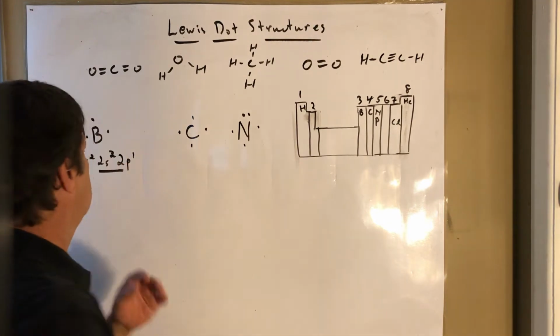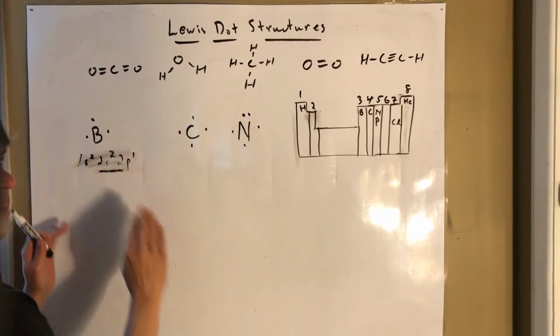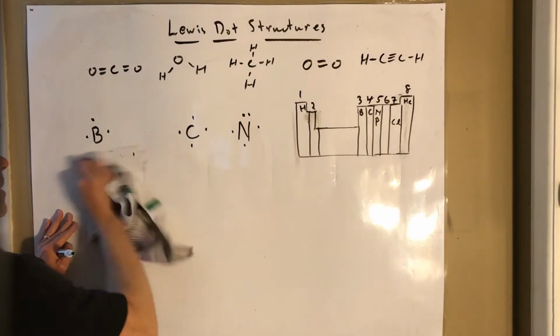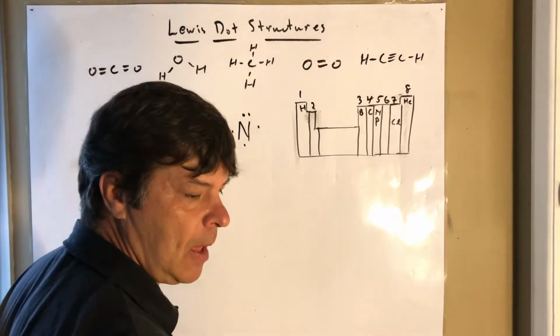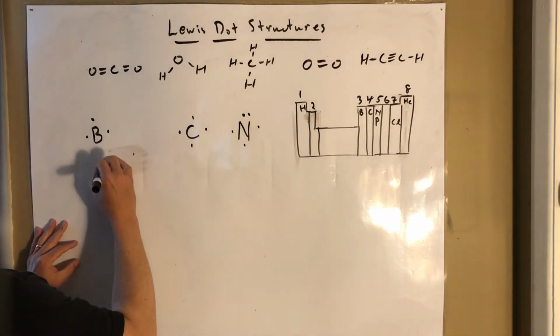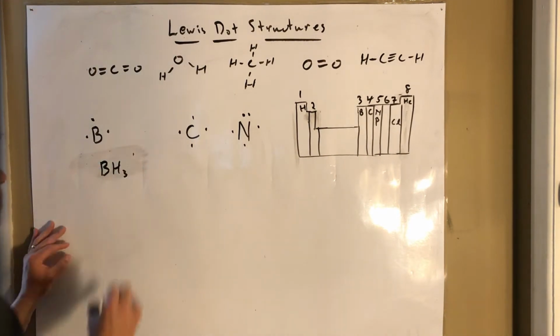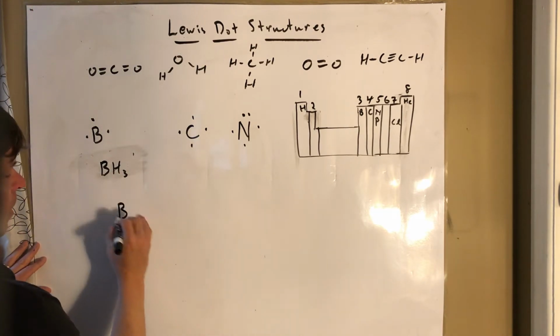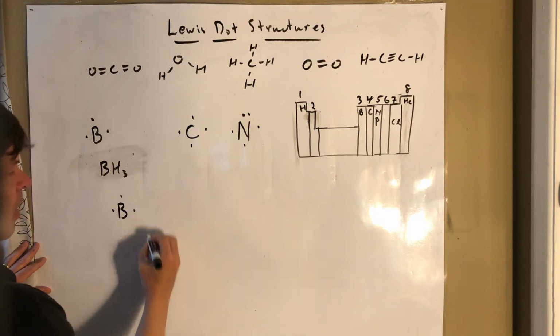All right. So now let's look at a compound of boron. Let's look at boron trihydride, okay? So boron has 3 valence electrons.